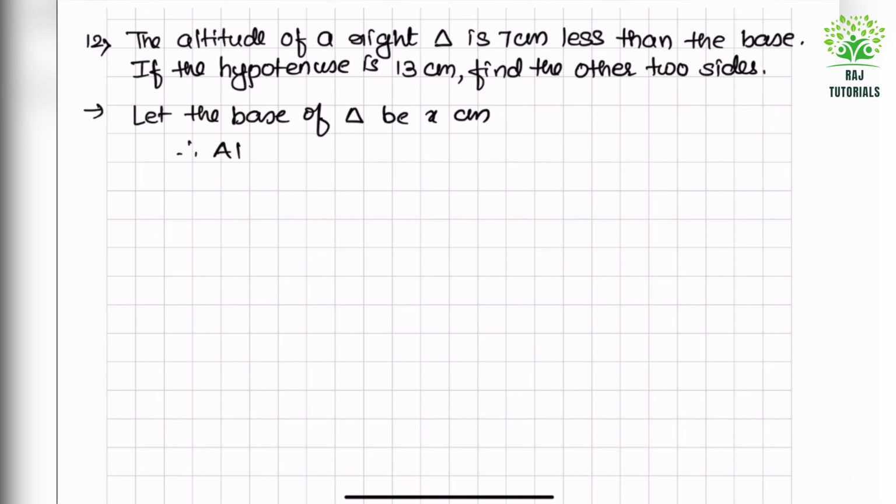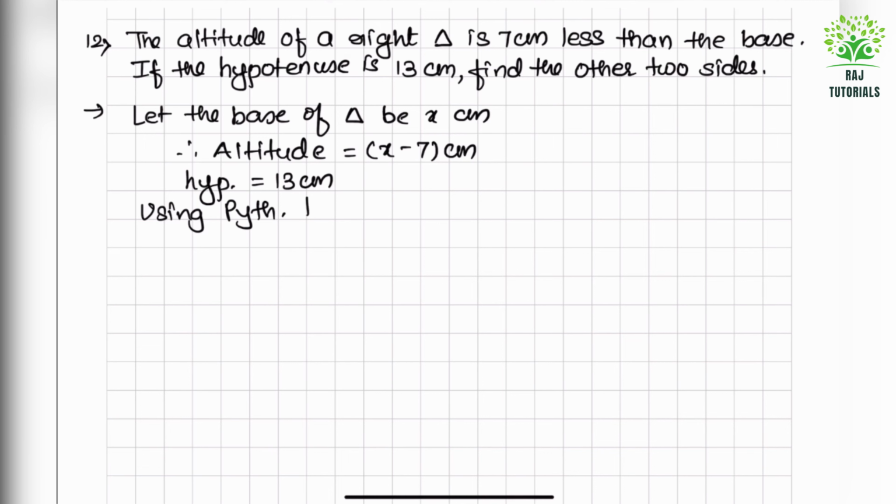Therefore, the altitude is 7 less, so the altitude will be x minus 7 centimeter. The hypotenuse is given as 13 centimeter, so using Pythagoras theorem, hypotenuse square equals base square plus altitude square.